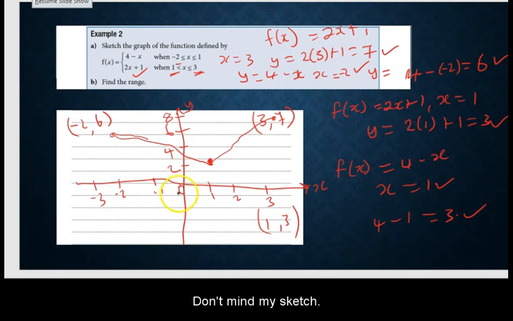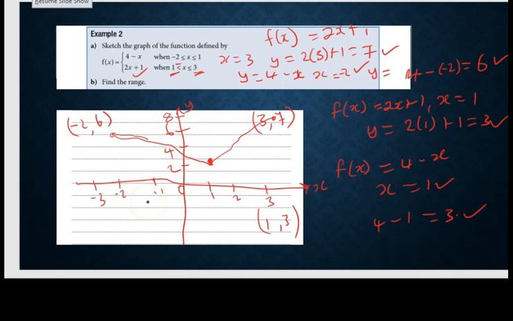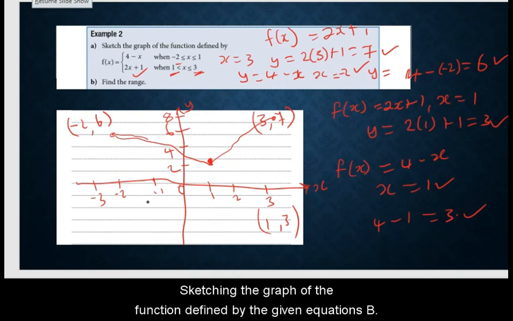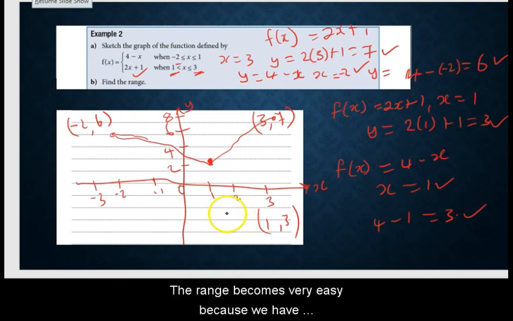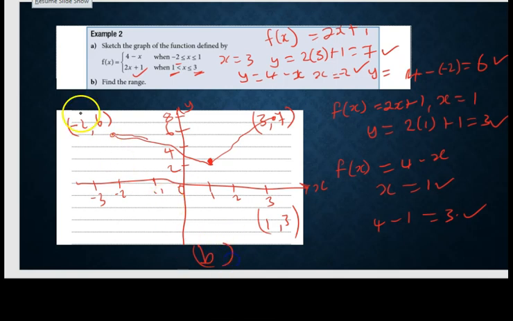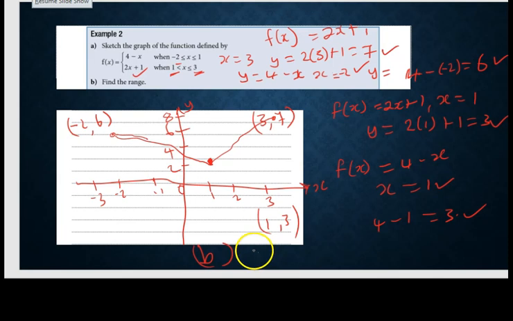Don't mind my sketch. So this is how your graph should look, and you should have been able to solve the first question, sketching the graph of the function defined by the given equations. B, you want to find the range. The range becomes very easy because we have already solved. B, the range of this function is going to be what? 3 that we got.